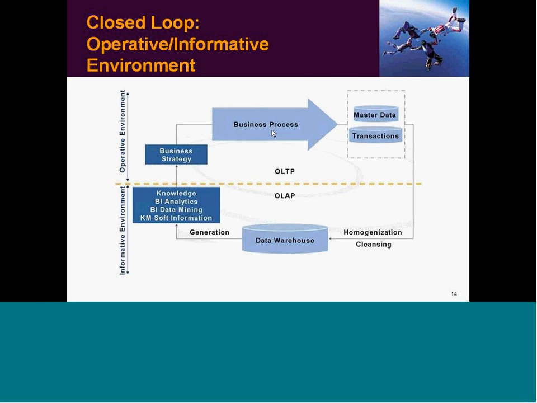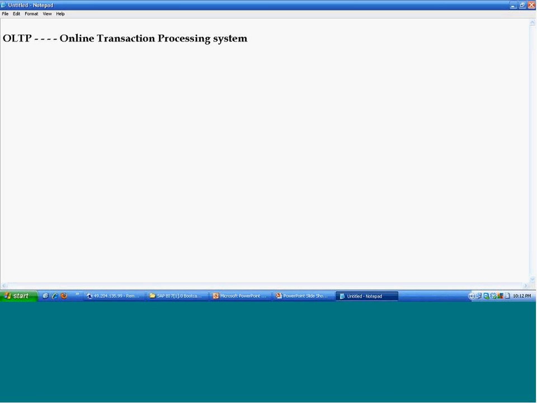Apart from it, we have one more system that is called OLAP, which stands for Online Analytical Processing System. We didn't even talk about BO yet, so we'll come to the BO topic. The OLAP system is meant for your analytics.